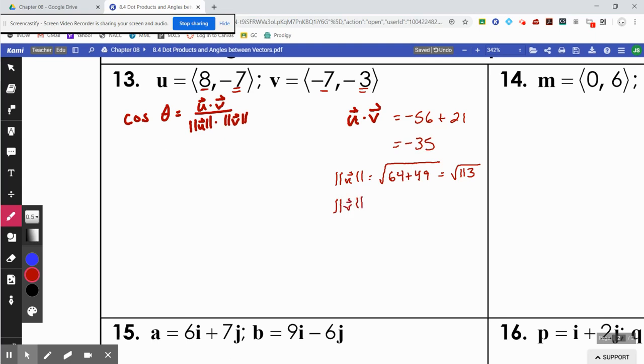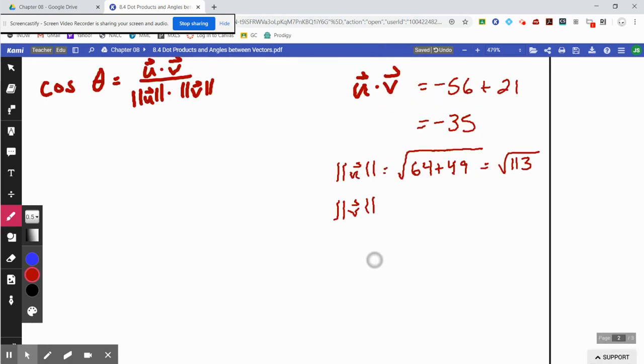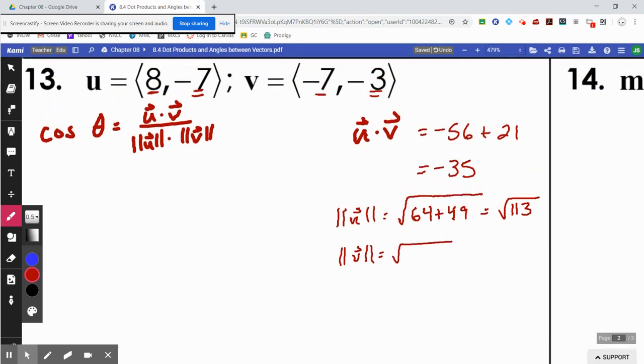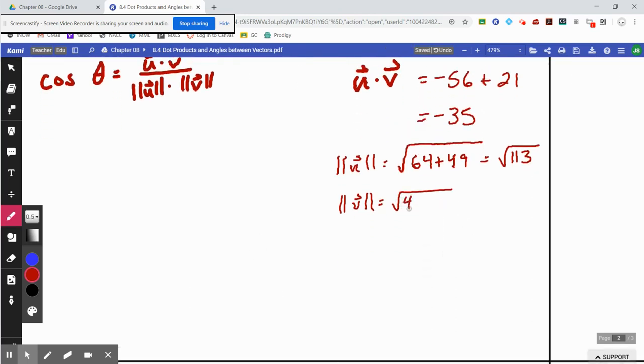And that handwriting looks horrible. Let's see if I can draw that without shaking. Not much better. That's going to be the square root of a squared plus b squared, which is 49 and 9, which would be the square root of 58.